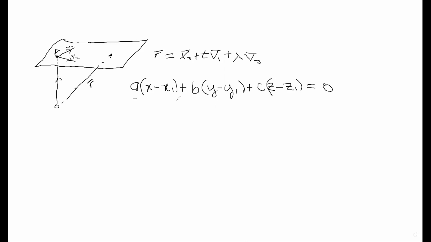Then A, B, C: we can create a vector just like in a line. In a line we had A and B, so here we can create a vector A, B, and C, and this vector is perpendicular to the plane.